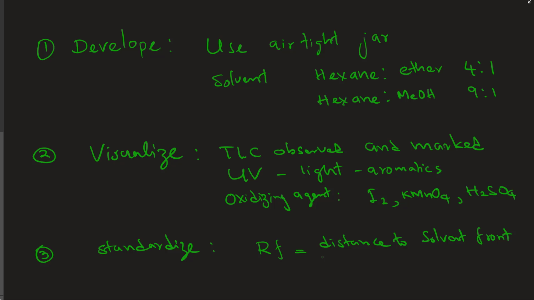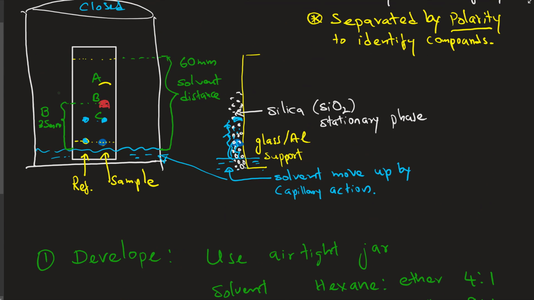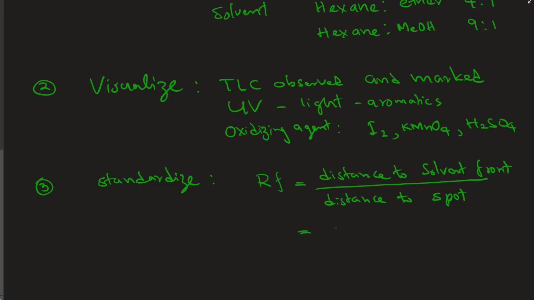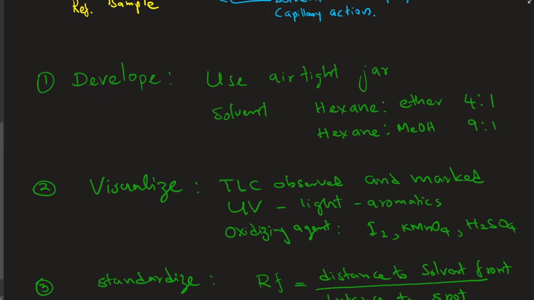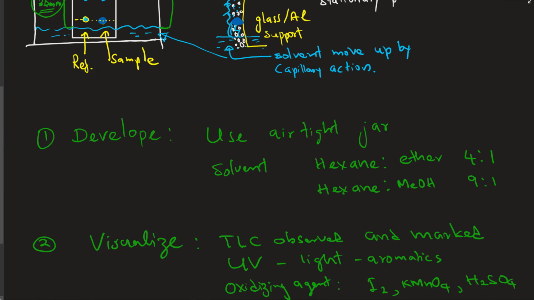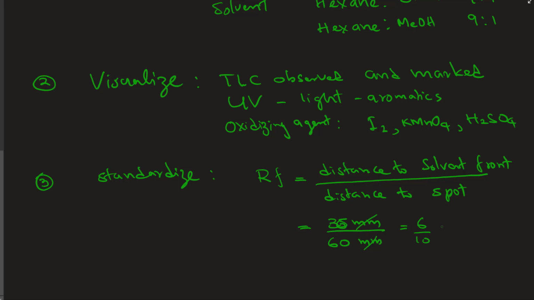And then the standardization. So this is the RF, the retention factor, and that is measured using the two numbers, right? So let's say we had the 60 millimeter solvent front, and the spot is, let's say, 36 millimeter, so we can just do the math without a calculator.